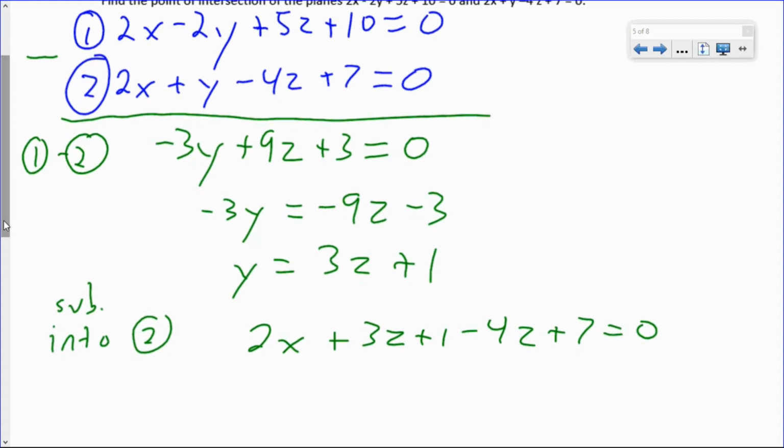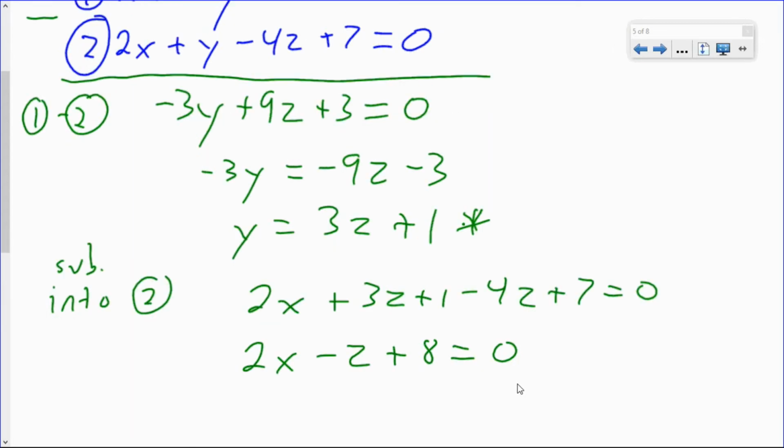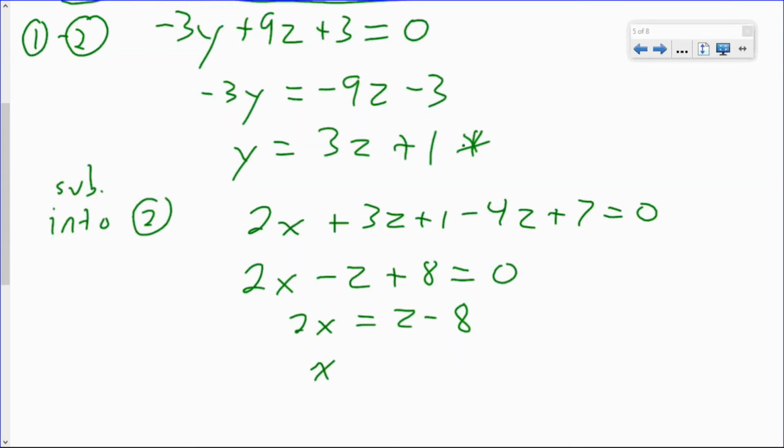Notice here I have y solved in terms of z. I can do the same thing for x. I get 2x minus z plus 8 equals 0, or 2x equals z take away 8, x is equal to 1/2 z minus 4.